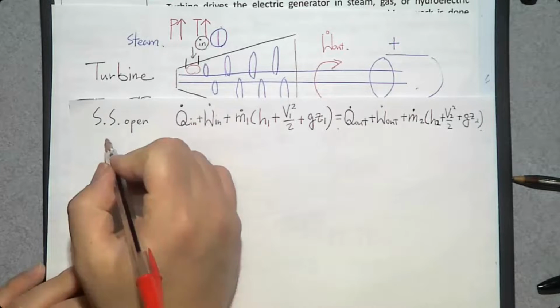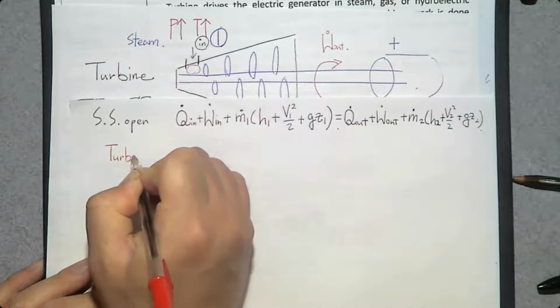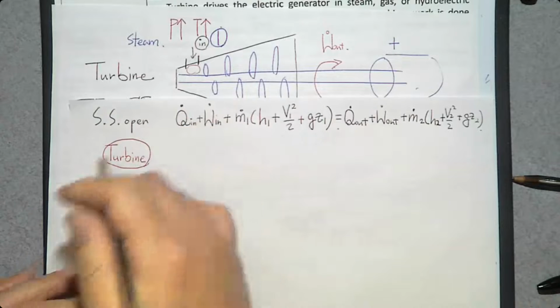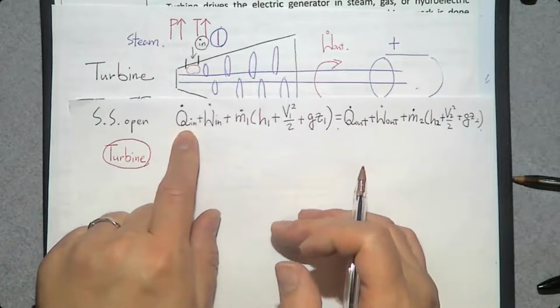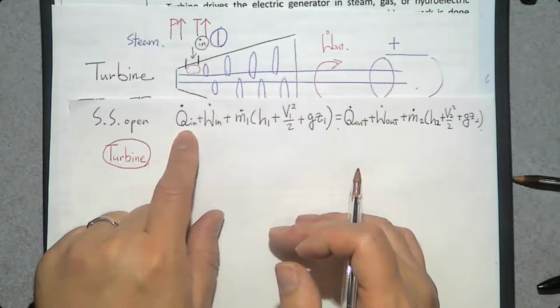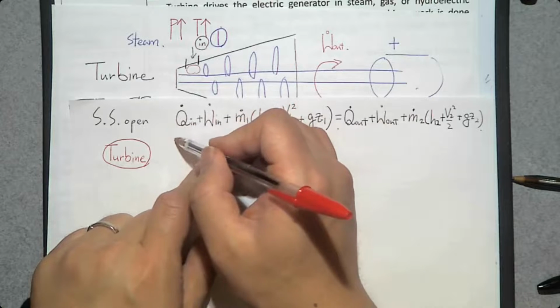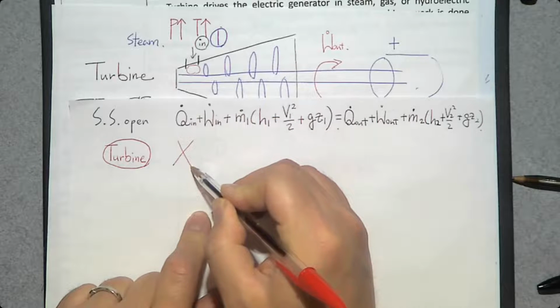So turbine first, I'm going to use this red. So for turbine, when we run a turbine, do we heat the turbine? No, there's no reason to heat a turbine. So we usually do not heat a turbine, so there's no Q in.